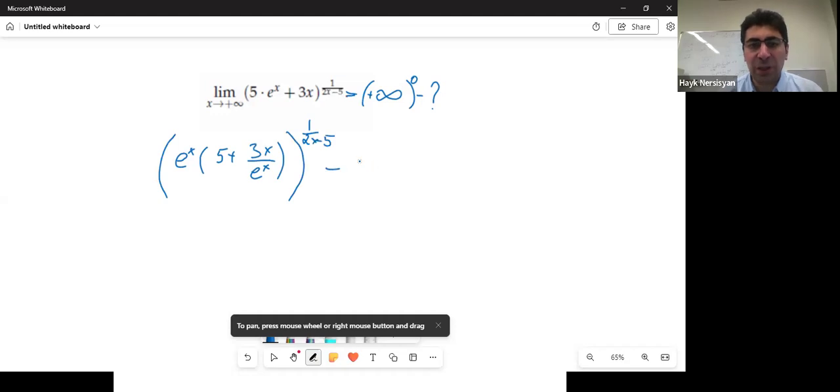So this can be written as e to the power of x divided by 2x minus 5 times 5 plus 3x divided by exponential x to the power of 1 over 2x minus 5.